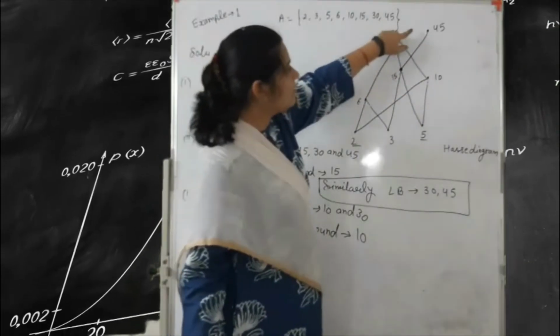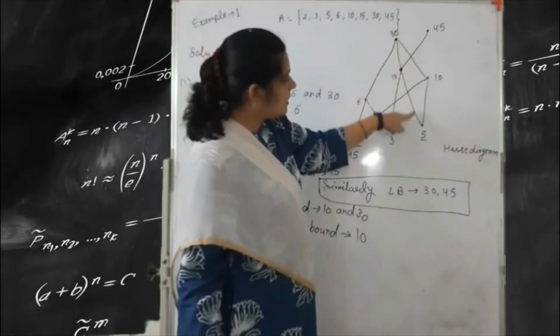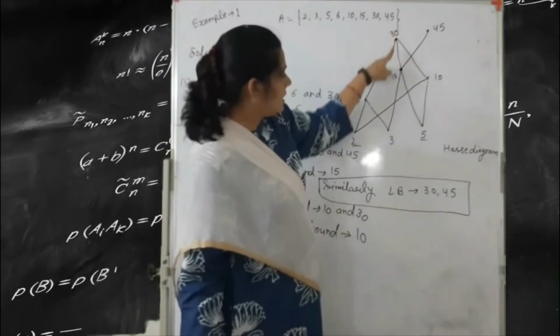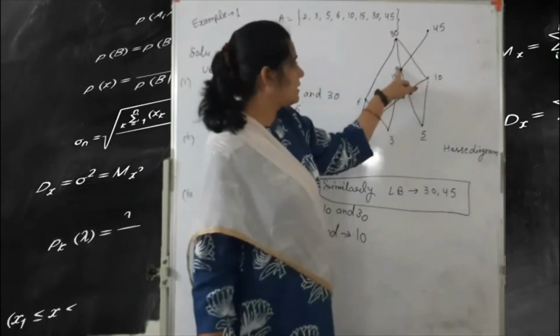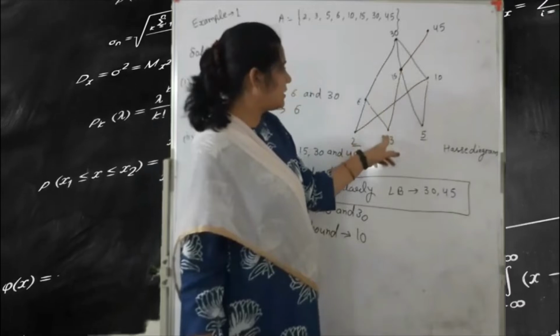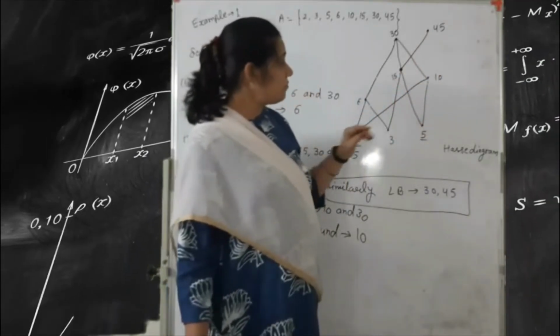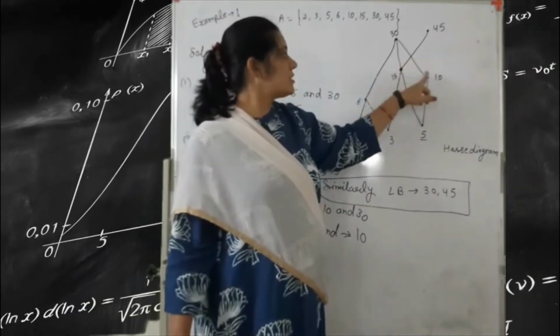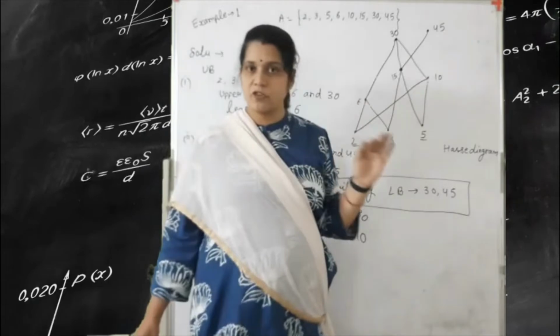So here 30 and 45 are connected to 15. Next, connected to 5 and connected to 3. That means 45 is connected to 15, 45 is connected to 3, 45 is connected to 5. Okay. 45 is not connected to 10. 30 is connected to 10 but 45 is not connected to 10.